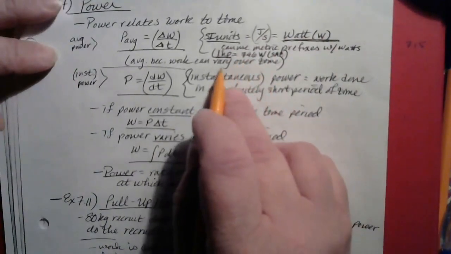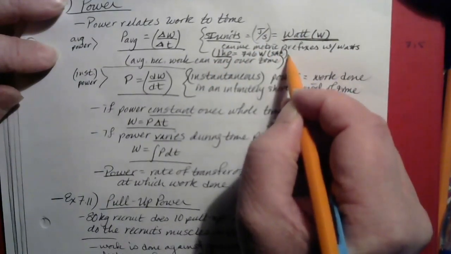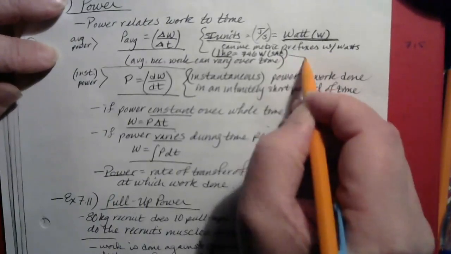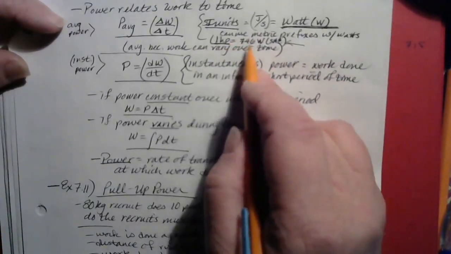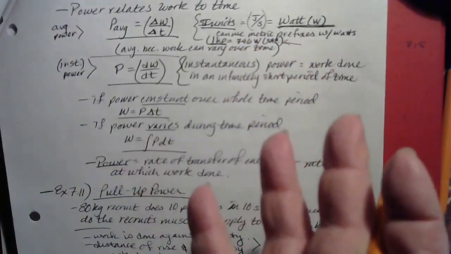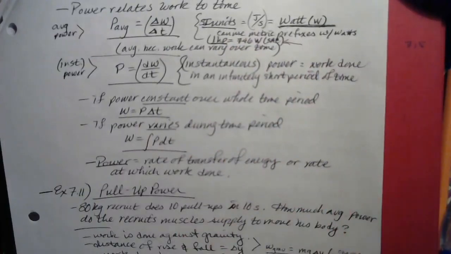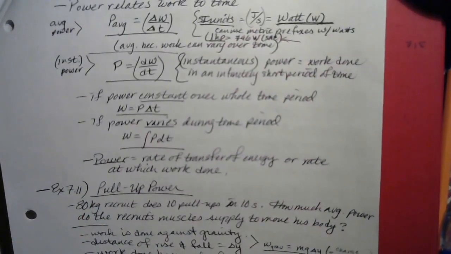There are other units for power. Probably the best known unit other than watts would be the horsepower. And 1 horsepower is equal to 746 watts. So you can express power as either watts or horsepower. You could express the power produced by the engine of your car in terms of watts.